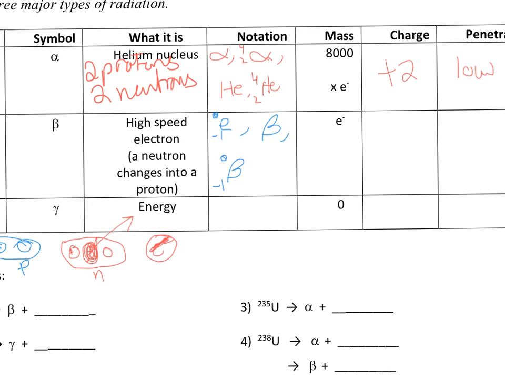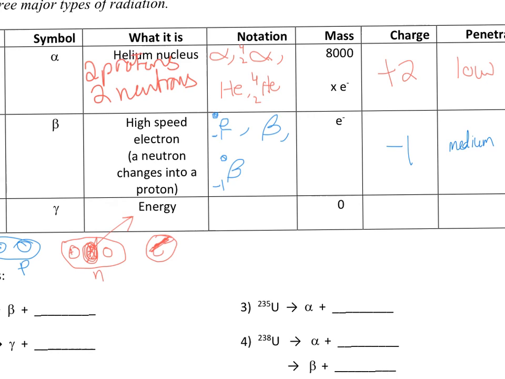And its charge is -1, because an electron has a -1 charge. Its penetration is medium compared to the alpha and the gamma, because it is not as massive as an alpha, but it is lighter than a gamma.